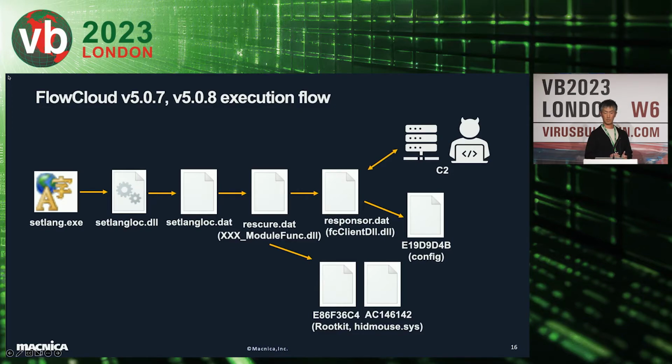Once this exe is run, the malicious DLL, setrun.dll, is loaded, and in memory the shellcode is decrypted, and the shellcode with another encrypted file, setrun.long.dat, and again shellcode is decrypted, and the shellcode with another encrypted data, which is an encrypted file of the XSS module funcDLL. And finally, in memory, the FlCloud DLL, which is the RAT component of FlowCloud, is run in memory with the installation configuration and communicates with the C2 server.